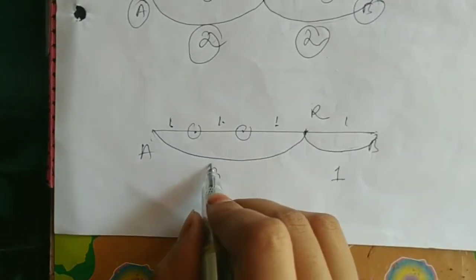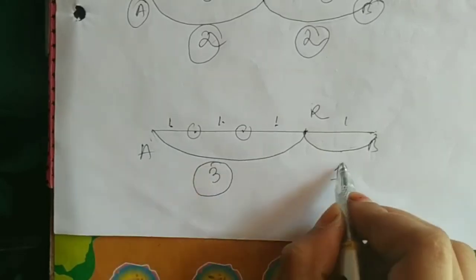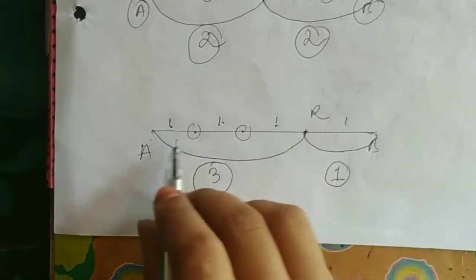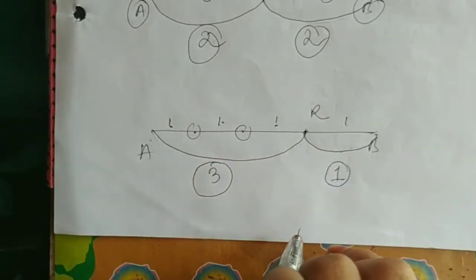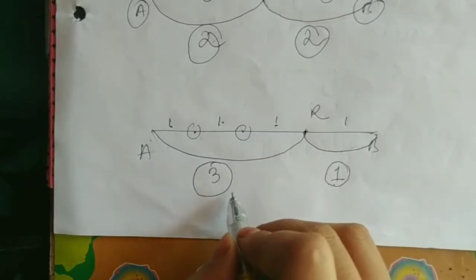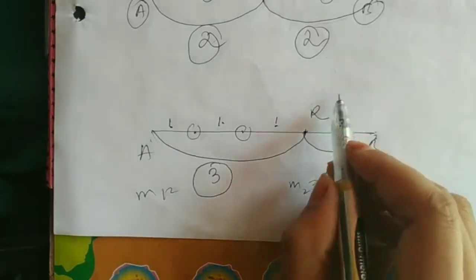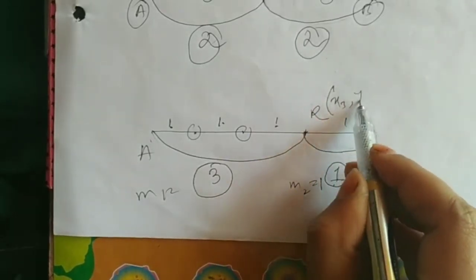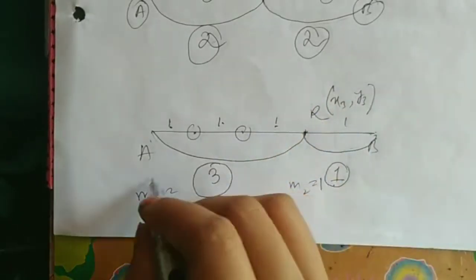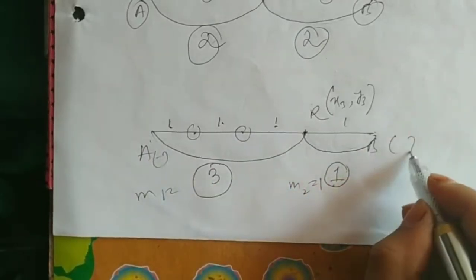Is it? So the ratio, that means R divides AB into the ratio 3 is to 1. So M1 is here, M1 equals 3, M2 is 1, and the coordinate of R is x3, y3. And A and B are the same.